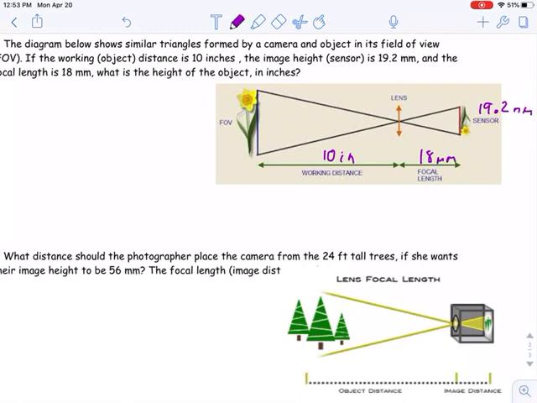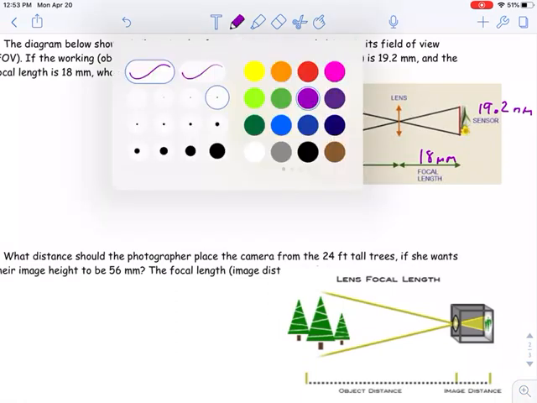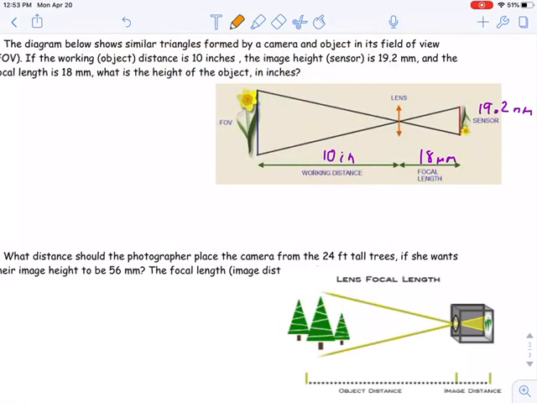So we're going to be able to quickly transfer from units to units. We're not going to really have to worry about that because this height over here, we're just going to say height in inches over 10 equals the sensor height, 19.2 over 18.